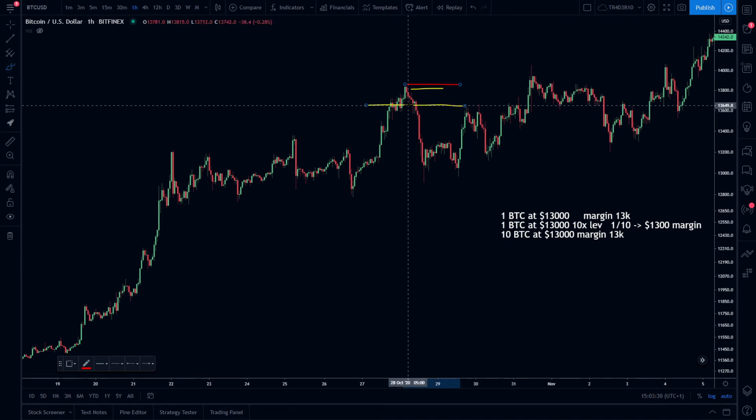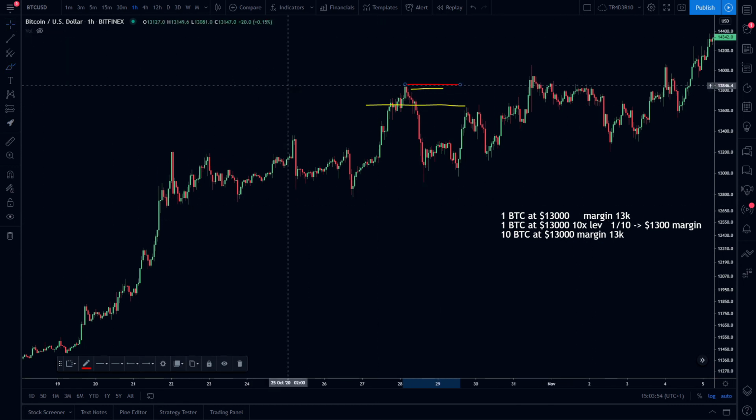So you're basically lending 1 BTC from the exchange. Could be with leverage like this, so with 10x leverage you only have to put in maybe $1,300. You will still have a liquidation price depending on the leverage. If the leverage is high, the liquidation price will be closer to entry. If the leverage is lower, it will be further away.